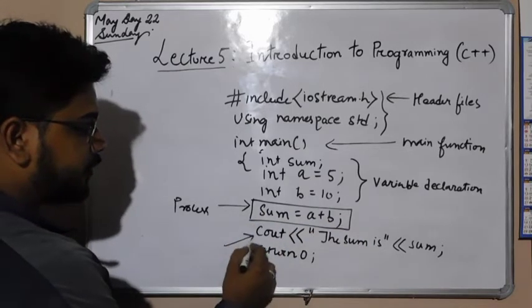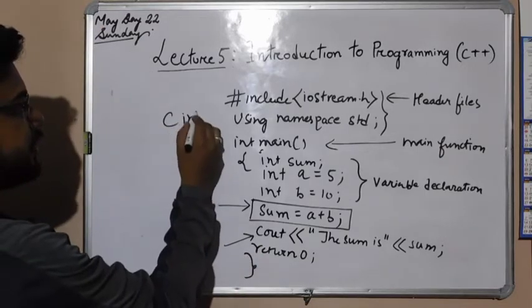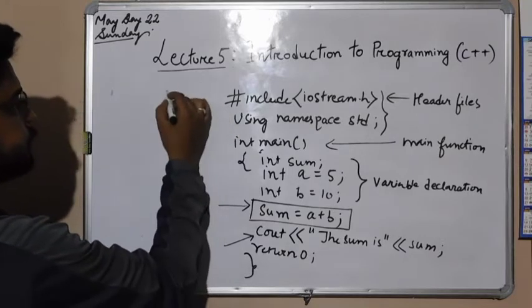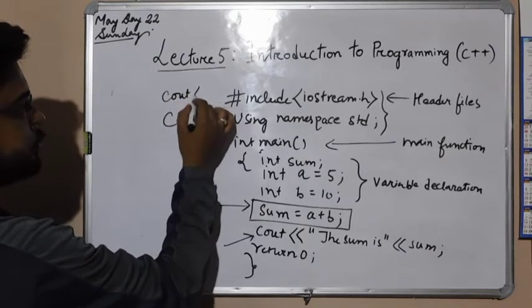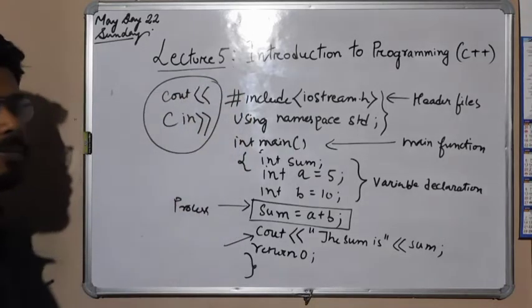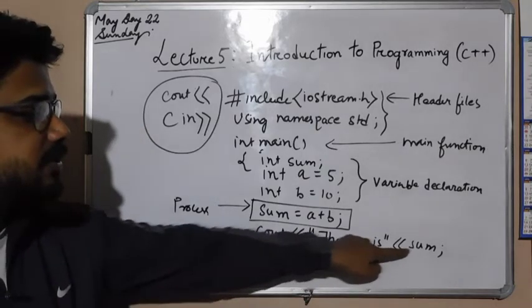Now what is the cout? What is the cout? See students, cin and cout. These two statements in C++, why are cout and cin used? See, cout is used to display.